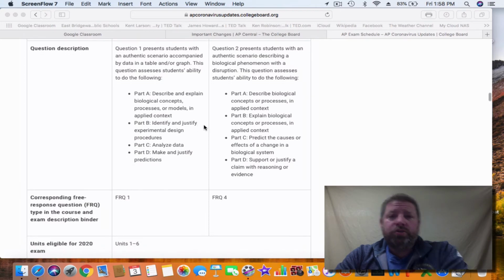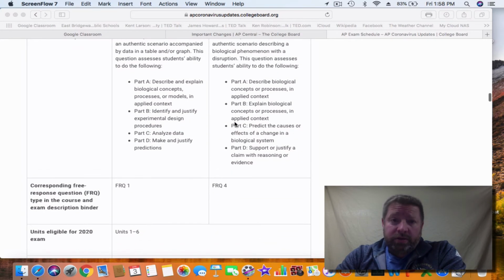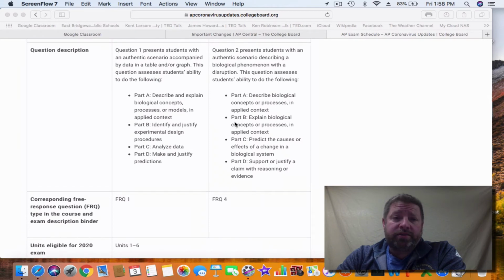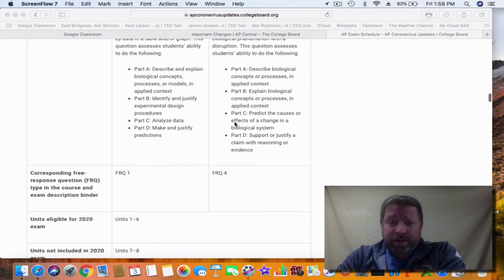On question 2, this is going to be similar to question 4 on most of the AP exams from the last 6-7 years, since 2013. This question is going to give you some type of biological phenomenon. It's going to ask you to describe the concept being shown. It'll most likely be some type of diagram, and you'll have to explain what the concept is based on the diagram they give you.